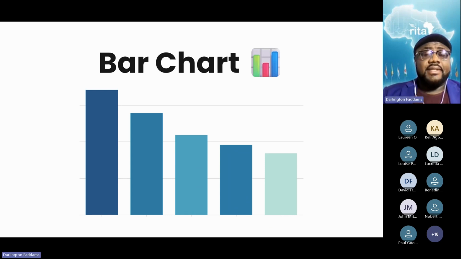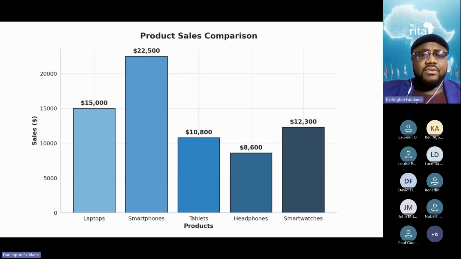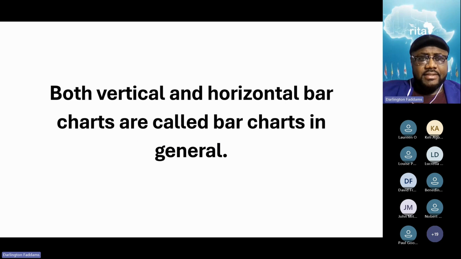When we are specific, then it means we are talking about a column chart and a bar chart. Again, it is column and bar, and so sometimes it may be confusing. Nevertheless, it is not wrong to refer to this as a bar chart.